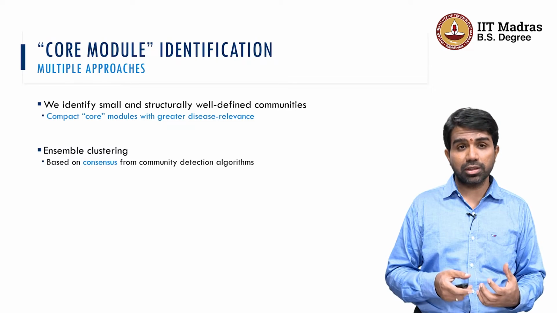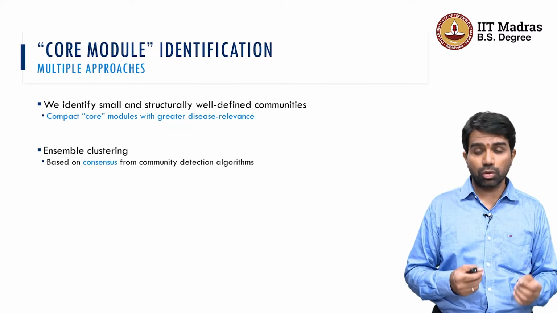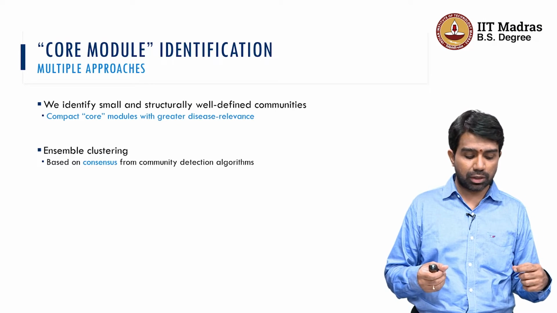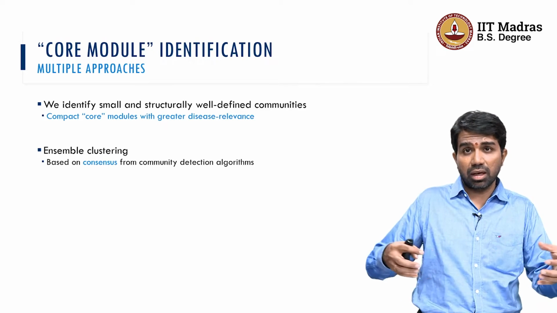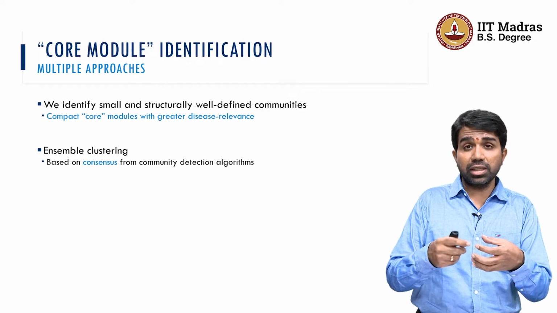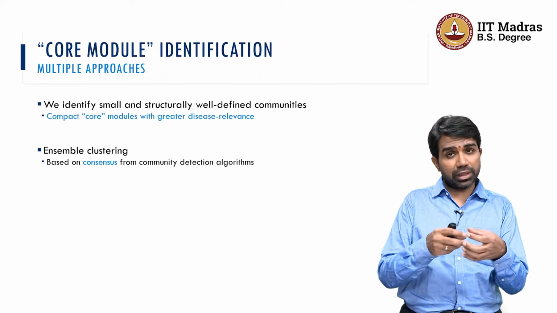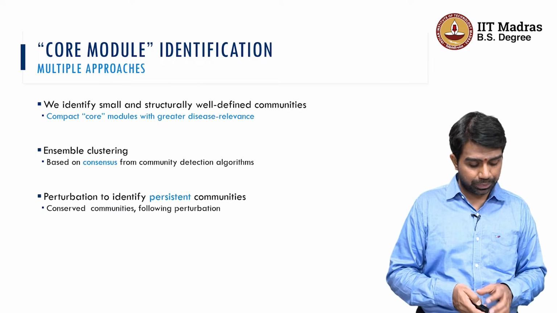And we also performed ensemble clustering based on consensus from a number of algorithms. So not from a single community detection algorithm, but from multiple, trying to build a consensus module which assigns proteins that are predicted to be in the same module across algorithms. We try to put them into the same module.